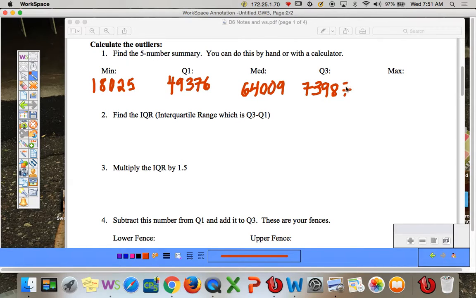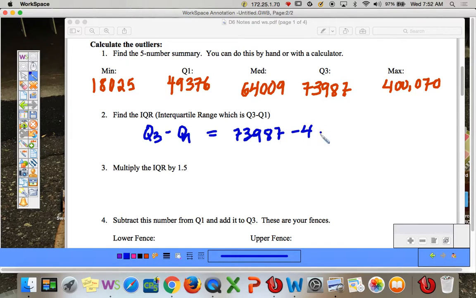And the maximum, Minneapolis at 400,070. Find the interquartile range. Interquartile range is Q3 minus Q1. In this case, it's 73,987 minus 49,376. And I got 24,611.